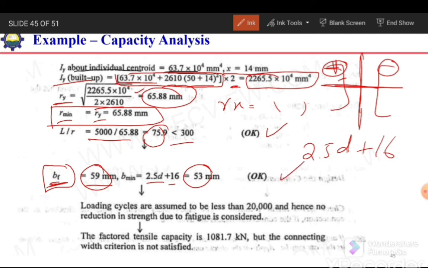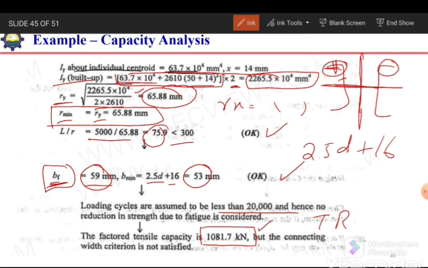Then we need to check for fatigue failure. Here we are not given the loading cycle, so we cannot check this. Finally, our tensile capacity will be based on the tension rupture that we selected earlier. This is the procedure for how we can check the capacity of a section.